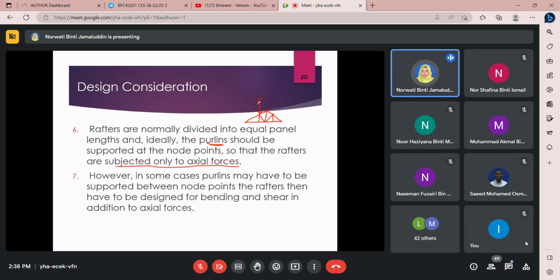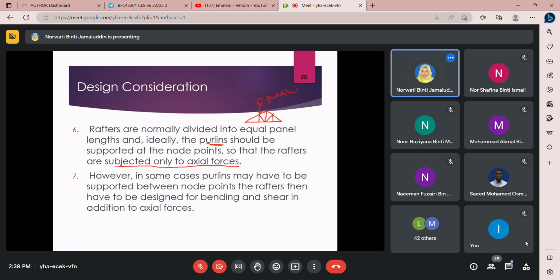These loads are actually coming from the purlin members. The purlin will support the roofing system. All the load from the roofing will be supported by the purlin, and then the purlin will transfer it to the other truss members, the top chord and also the internal members.